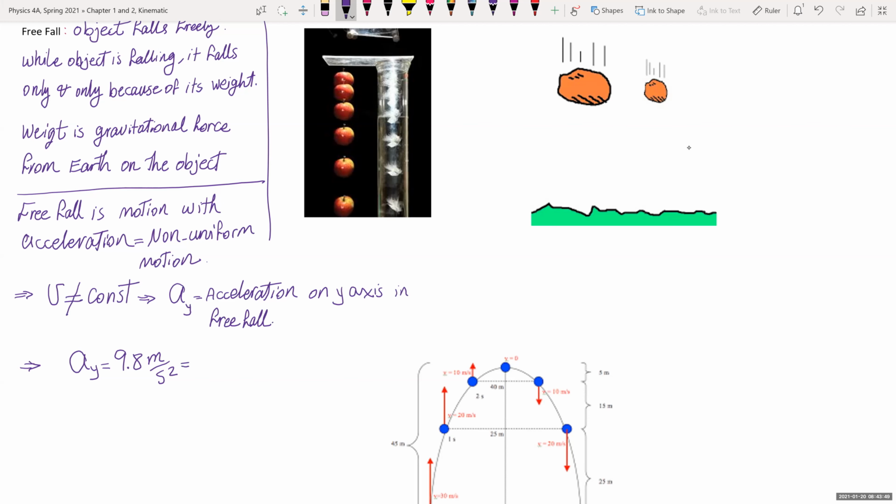We show it by g, okay? So in free fall, have peace in your mind. We don't need to find acceleration in free fall. Acceleration is a known value.